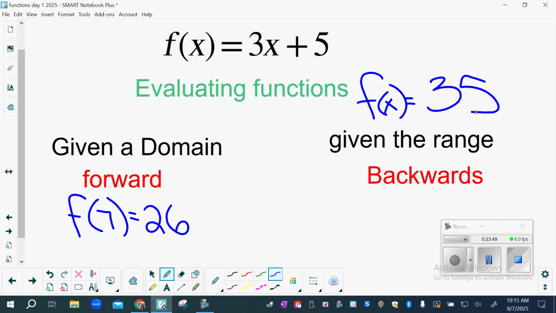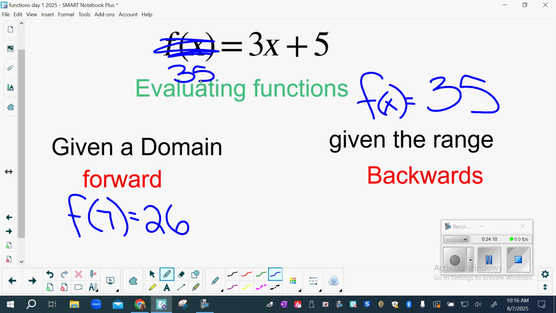This is not the same thing. This is going backwards. What I'm giving you is the answer to the problem, and you need to now go backwards. In other words, I'm getting rid of Fred's name, f of X, and I'm putting the 35 right here.